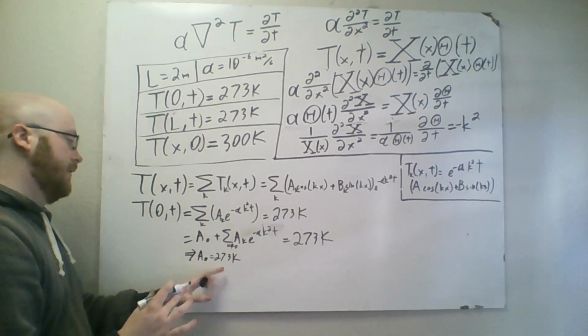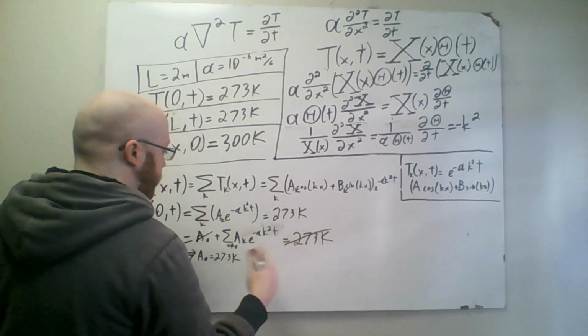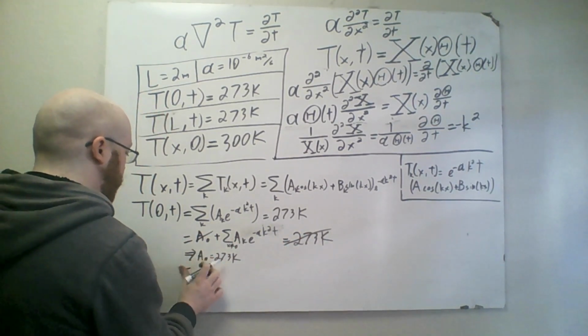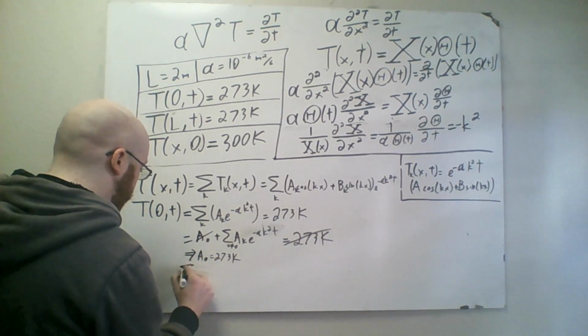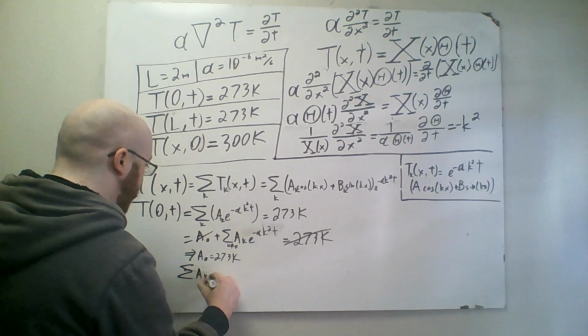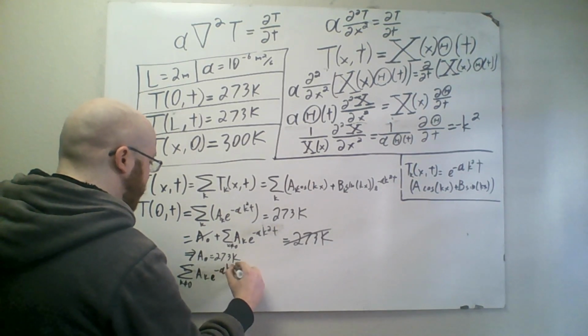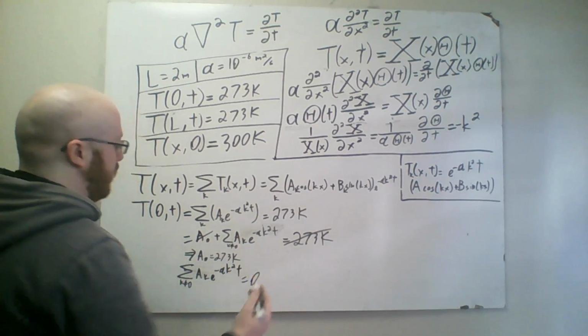Cool. So now we're going to move to this guy. We're going to cancel these out because they're there. So we end up with the sum of all the A_k, k not equal to 0, of e to the negative alpha k squared t, right, has to equal 0.